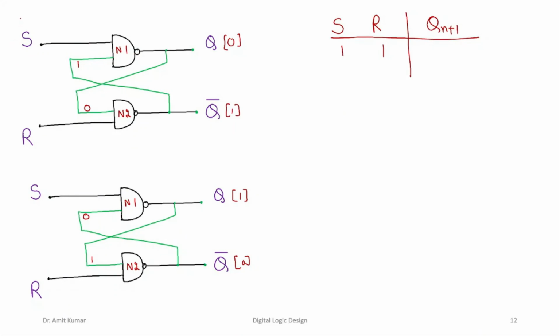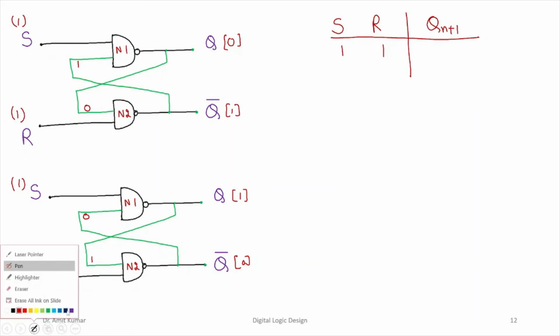Now we provide both of the inputs, S as 1 and R as 1. Now we'll consider this first case. If S is 1 and this feedback value is also 1, the NAND output is going to be 0. If this is 0 and this is 1, the output is going to be 1.